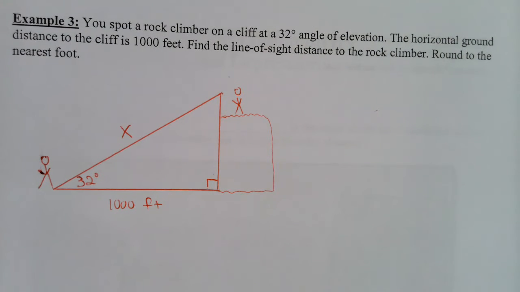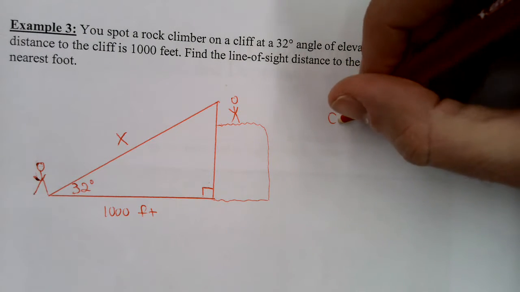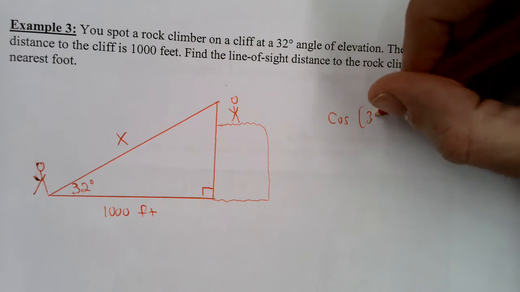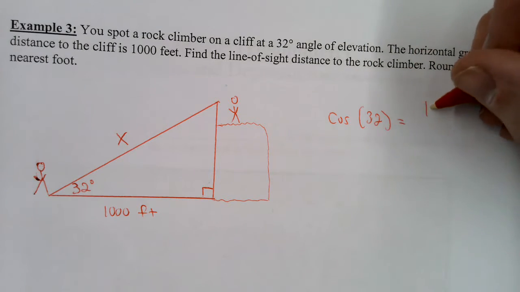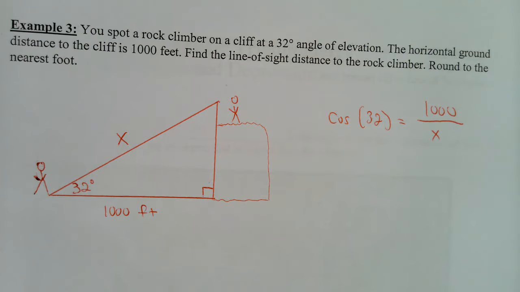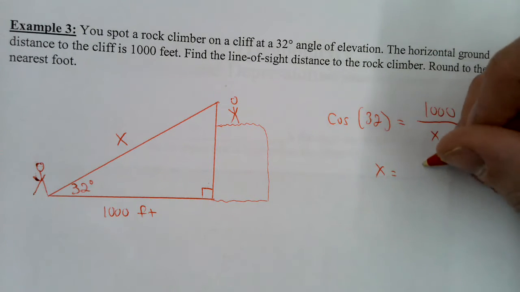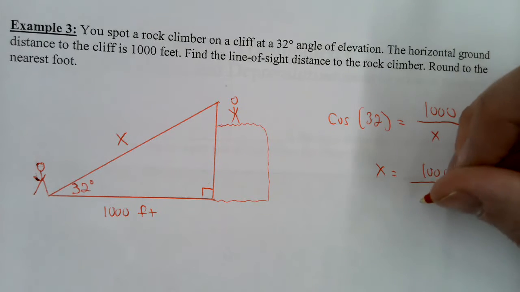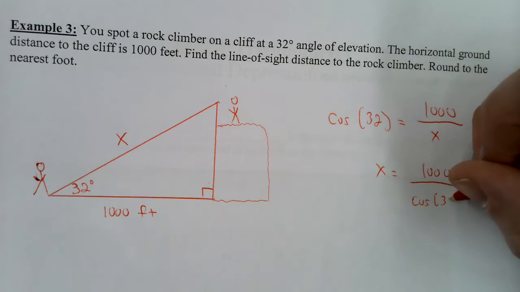So what I'm going to do is cosine, because we have adjacent and hypotenuse. I'll do cosine of 32 degrees equals adjacent 1,000 over hypotenuse x, and solve that for x. x equals 1,000 divided by cosine of 32.